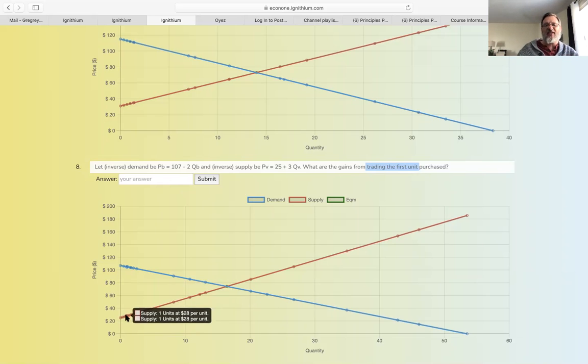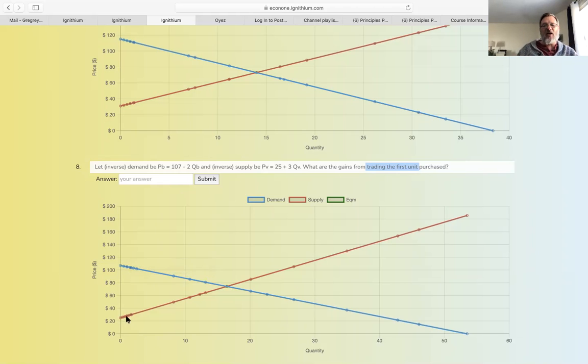Because if you think about all these transactions, there's somebody in society that has a cost of $28 for making this thing, whatever it is, a widget, a cell phone, and there's somebody that values it at $105. So when they trade with each other, they're both gaining.